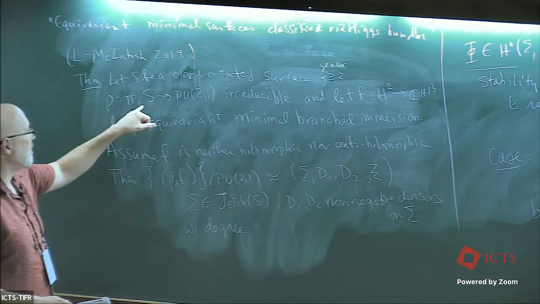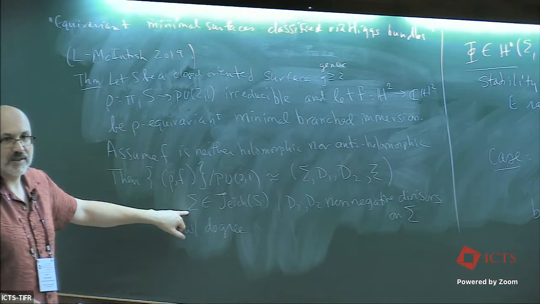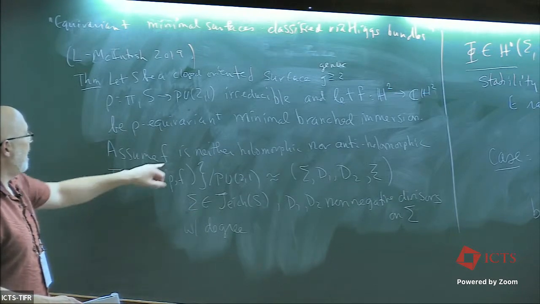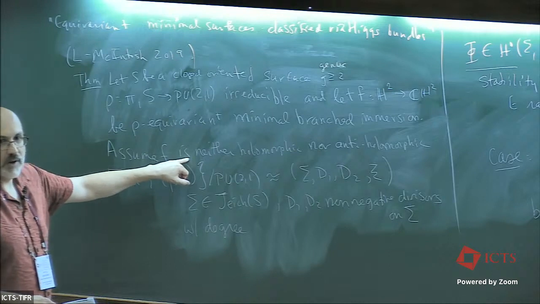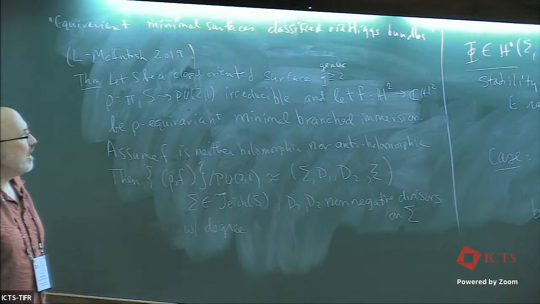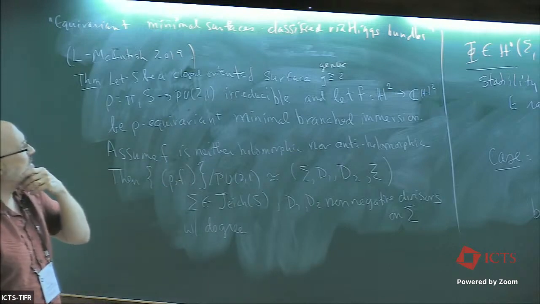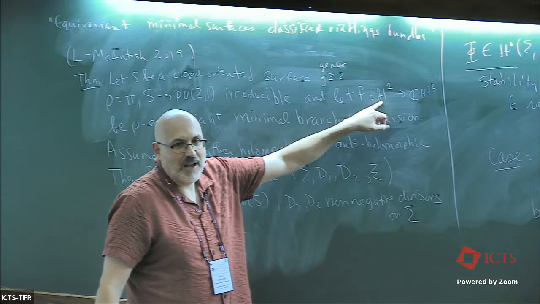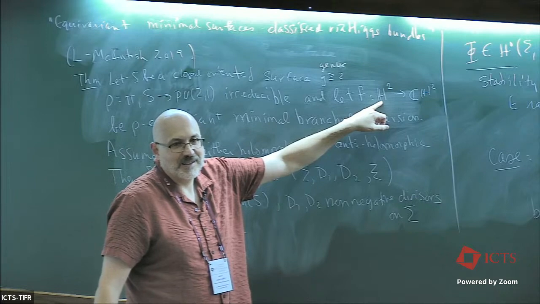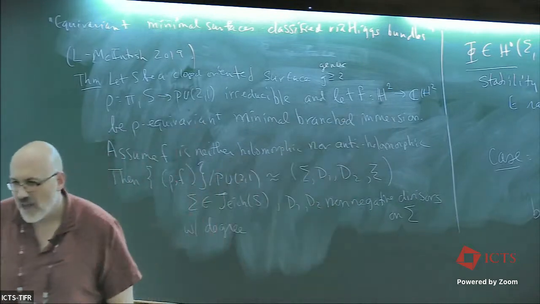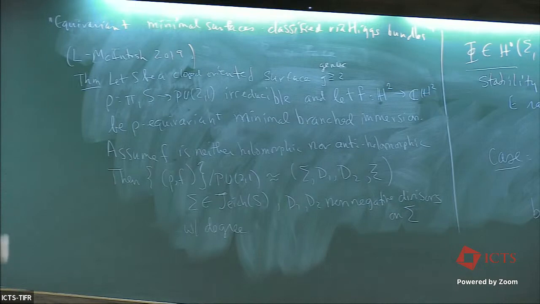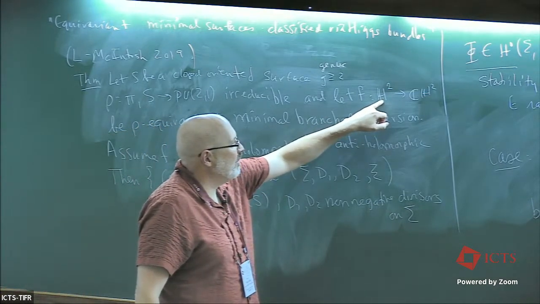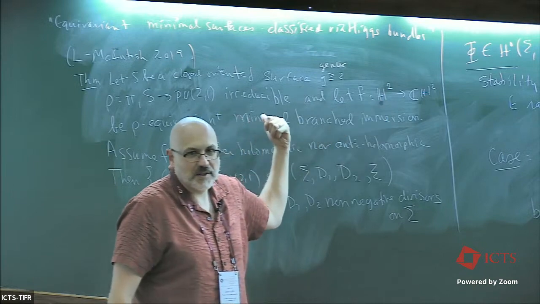S is just the surface. Assume F is not holomorphic nor anti-holomorphic. F goes from H2, which is the universal cover of all of these Riemann surfaces in the Teichmuller space.